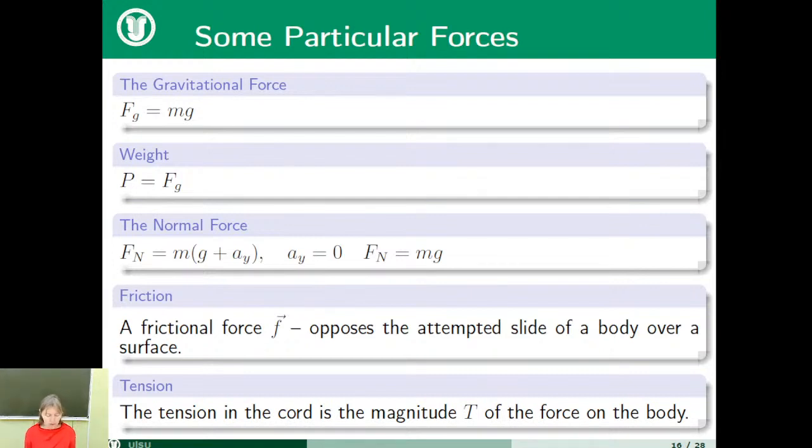Two forces act on the body, a downward gravitational force and a balancing upward force of magnitude P. The weight P of a body is equal to the magnitude Fg of the gravitational force on the body, and P is equal to the product m and g.